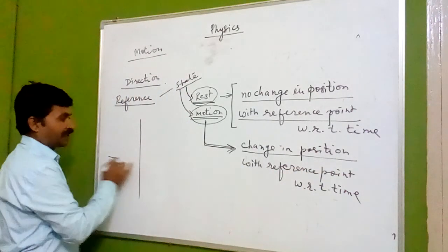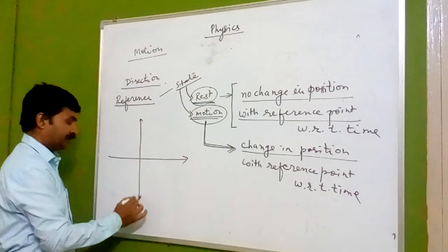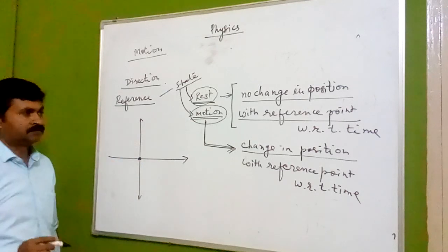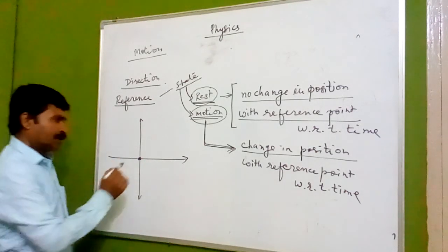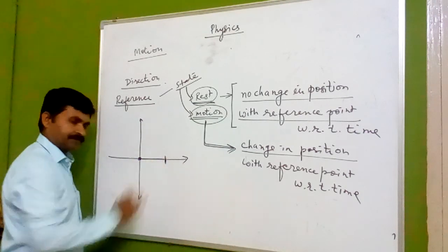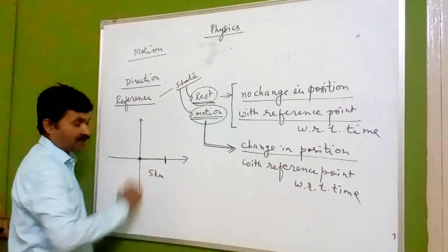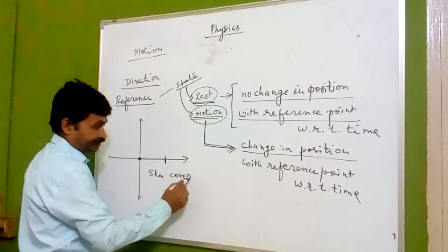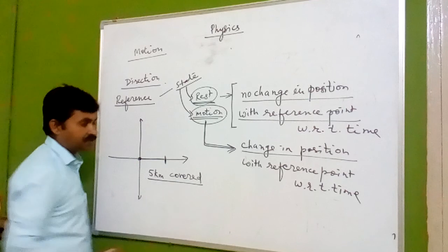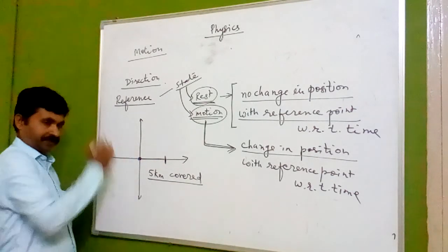Suppose we are taking it again. What are we having here? This is the reference point. If we are moving in this direction and say 5 kilometers covered, it is a length of 5 kilometers covered by an object.